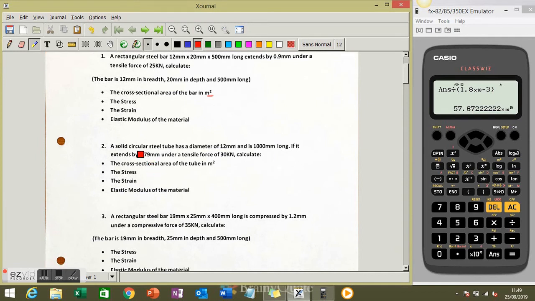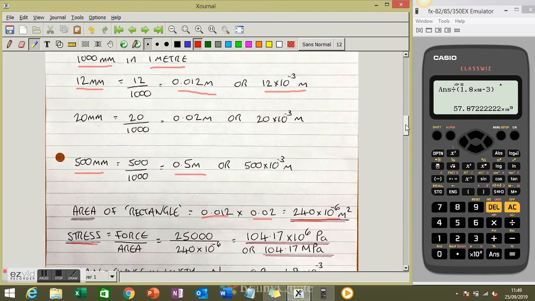Question 2 is very, very similar, but we've got a round bar with a diameter. It's 1000 mil long, it extends by that much, and the force is 30 kilonewtons. So same thing: area of the tube, stress, strain, and Young's modulus.